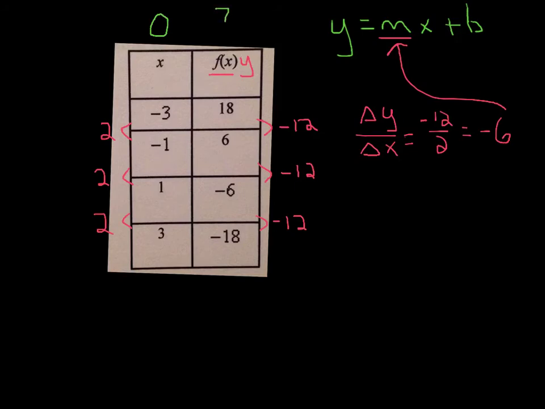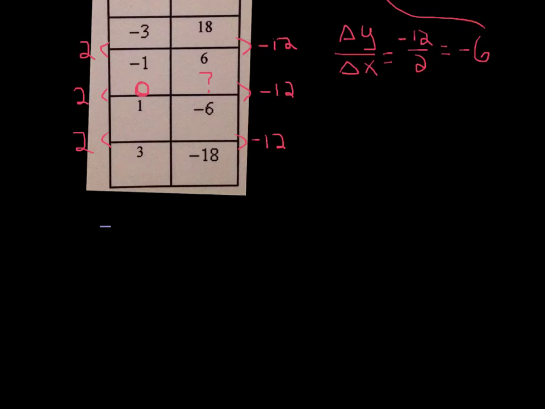What number matches up? On the table, 0 is not given to you, so we have to figure out where on the table the 0 would be. And as you can see, 0 would fall in between -1 and 1. So we need to figure out what number would match up between 6 and -6.